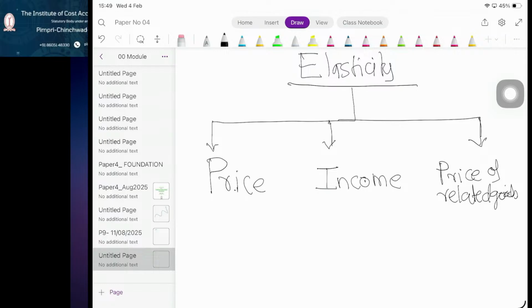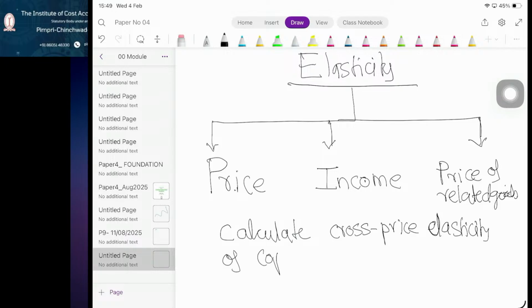Okay, means something like this, calculate cross price elasticity of coffee with respect to price of tea.